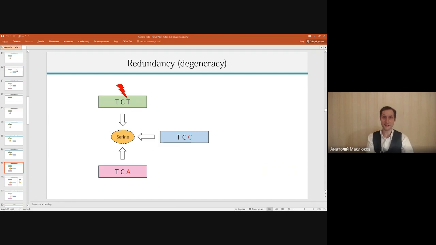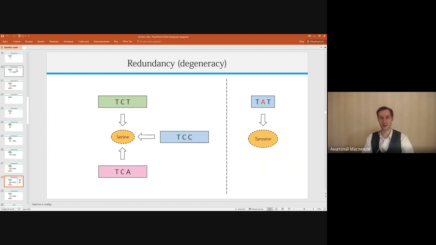And this is a property of genetic code that gives an additional line of protection against mutations. However, I have to admit that this protection is not absolute because, for example, if there is a mutation in the second nucleotide of this triplet, so if instead of thymine, cytosine, thymine, there will be thymine, adenine, thymine, this triplet will give us information not about serine, but it is responsible for the amino acid tyrosine.